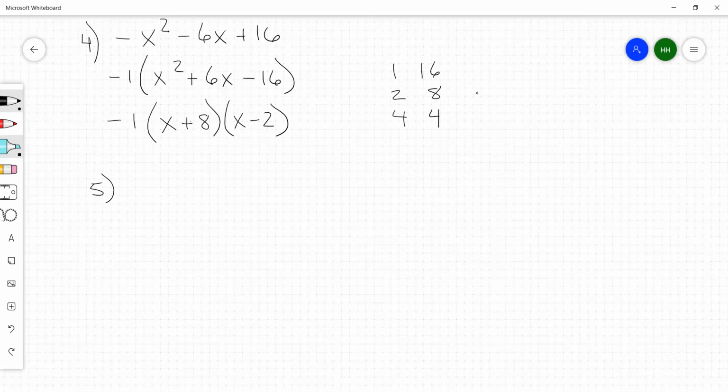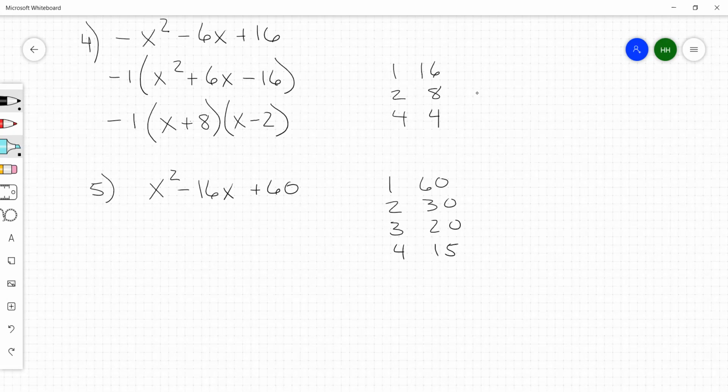Number 5, x squared minus 16x plus 60. Factors, I got 1 and 60, 2 and 30, 3 and 20, 4 and 15, 5 and 12, 6 and 10.